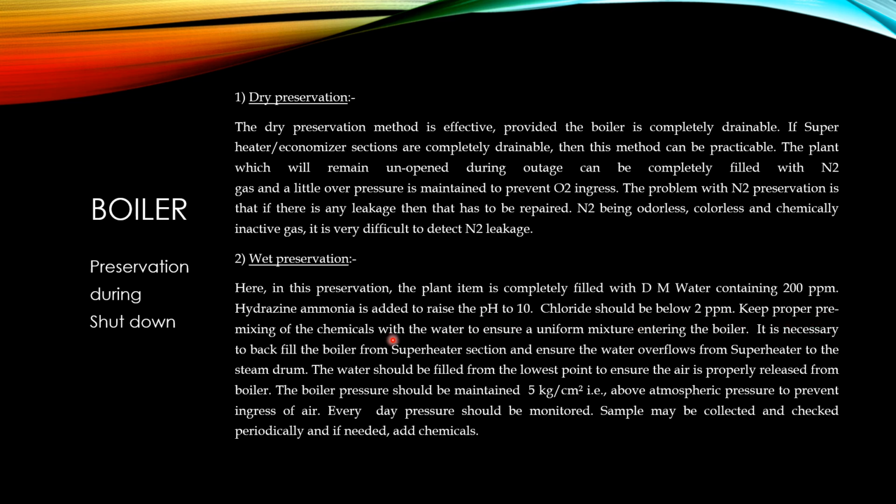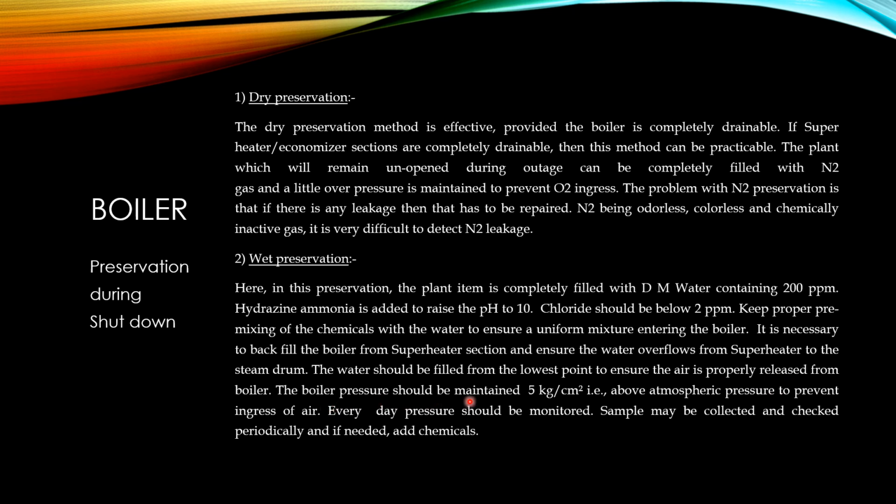So keep proper pre-mixing of chemicals with the water to ensure a uniform mixture entering the boiler. It is necessary to backfill the boiler from the superheater section and ensure the water overflows from the superheater to the steam drum. The water should be filled from the lowest point to ensure the air is properly released from the boiler.